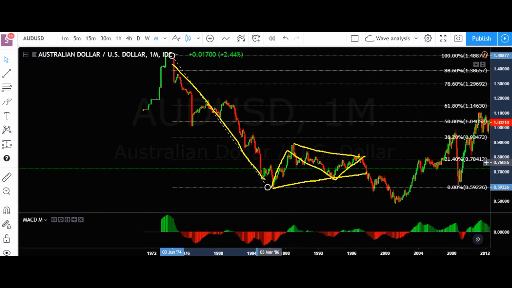But if you look at the structure, and we will discuss this in much later depth, say for instance you took the trade there, once this breaks this bottom here and you see divergence, you know that okay, there is a possibility that this will reverse.